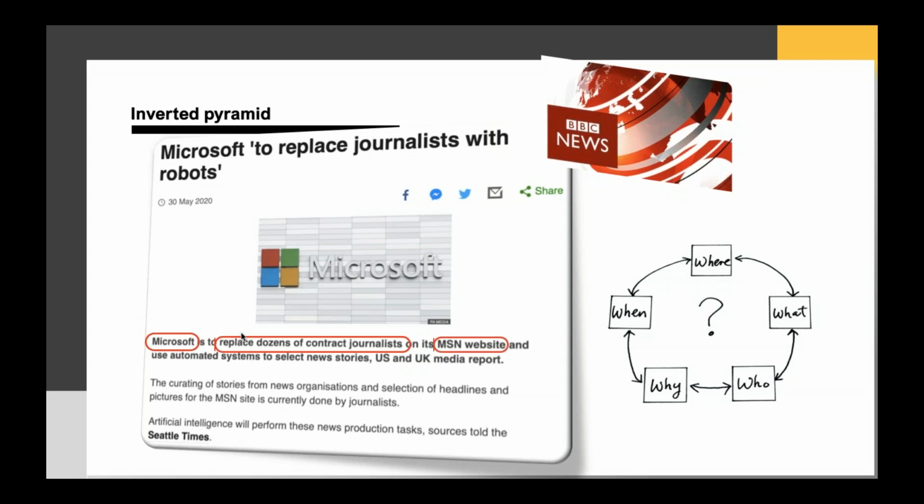Where, on the MSN website. Why? Because they want to have automated systems to select the news stories.